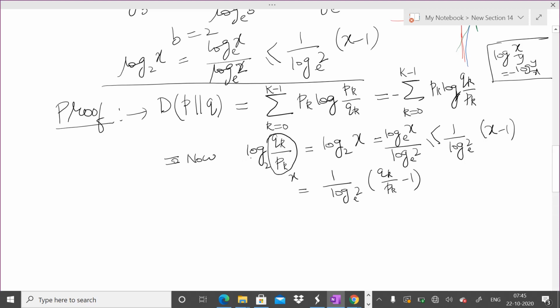So minus log of qk by pk to the base 2 will be greater than or equal to 1 over log 2 times qk by pk minus 1.